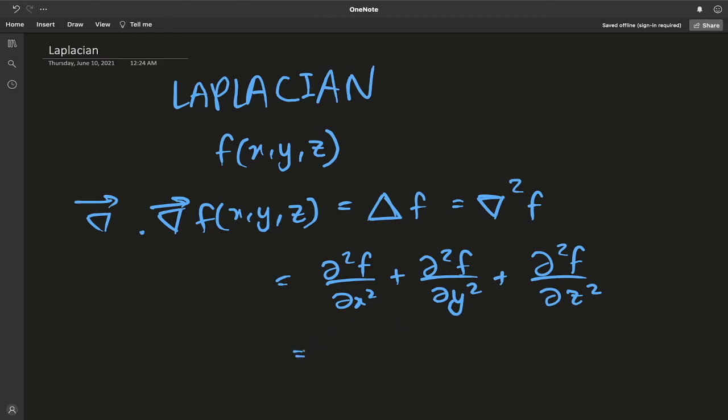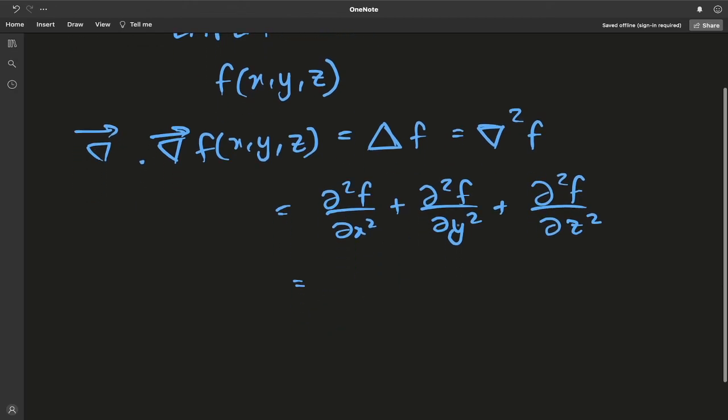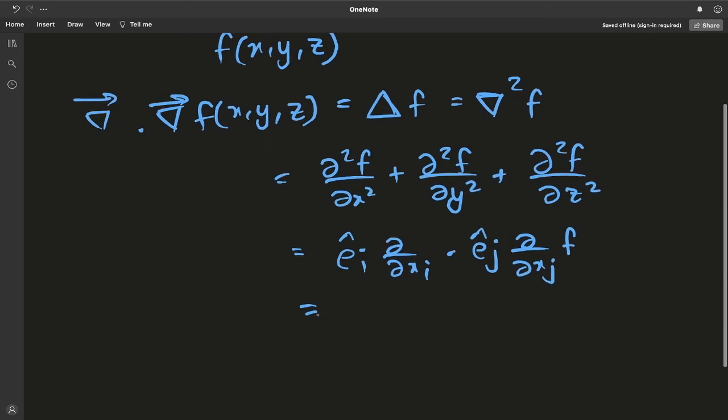and again we can use the summation convention. It looks like we're going to have a Kronecker delta party here.